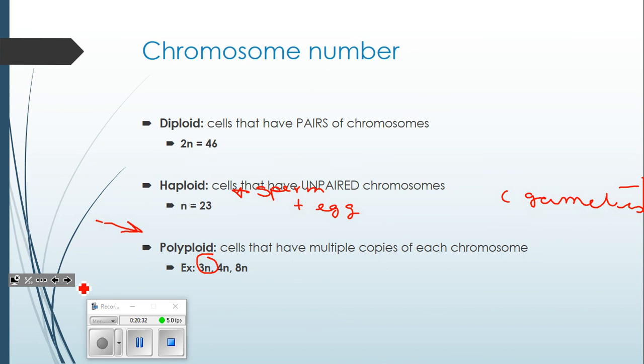For example, one of the ways that scientists have figured out to control fish populations, especially where they're breeding or farming fish, is to cause cells to be polyploid and have 3N chromosomes, and it makes it harder for the farmed fish to reproduce with the native fish of the area, so it's a breeding control system.